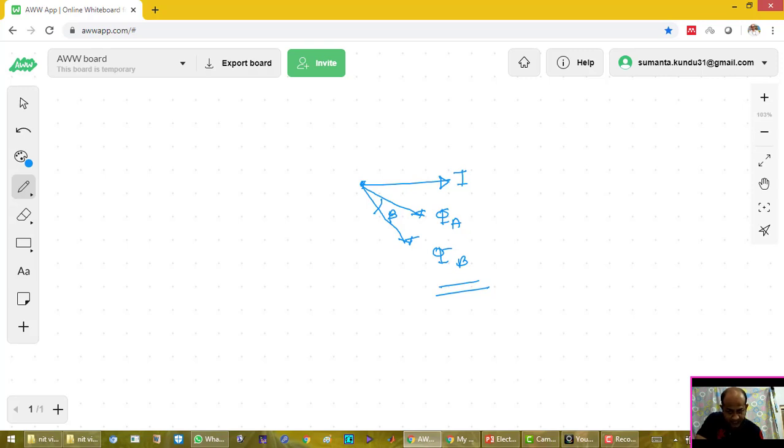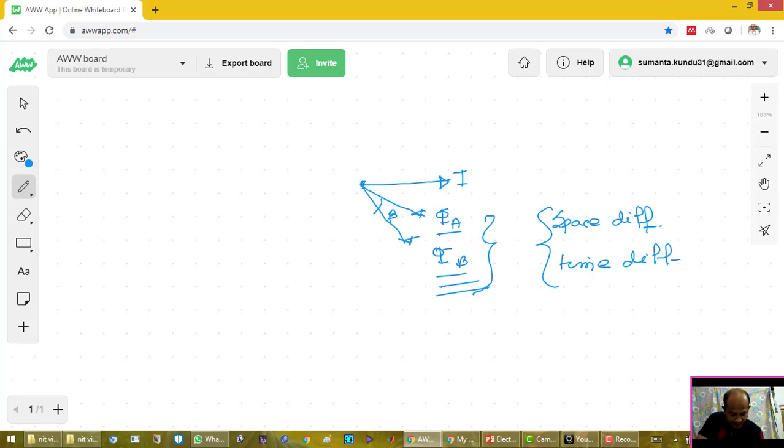And again we see that the axes of these two fluxes are not the same. So we conclude that between these two fluxes phi A and phi B there is a space angle difference, and there is also a time difference, and these two are essential for the production of a rotating magnetic field, because phi A will lead phi B by angle beta.